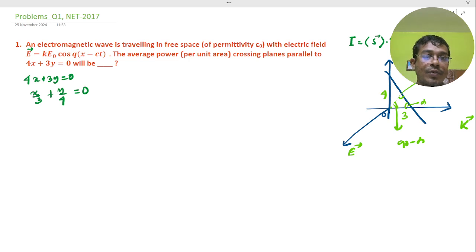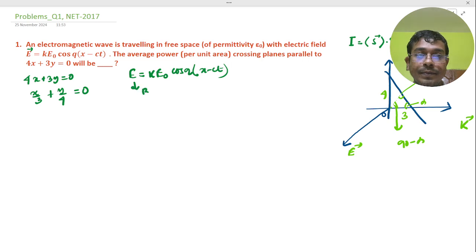Basically x by a plus y by b equal to 1 is a straight line, and this E is given as E naught cos(kx minus ckt). So we should convert E to B, and we previously discussed and wrote the equations for converting.